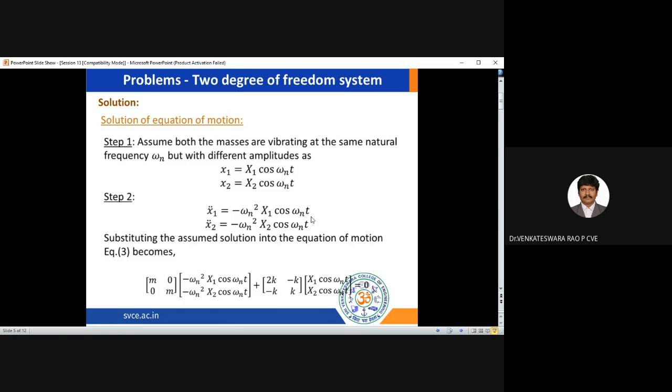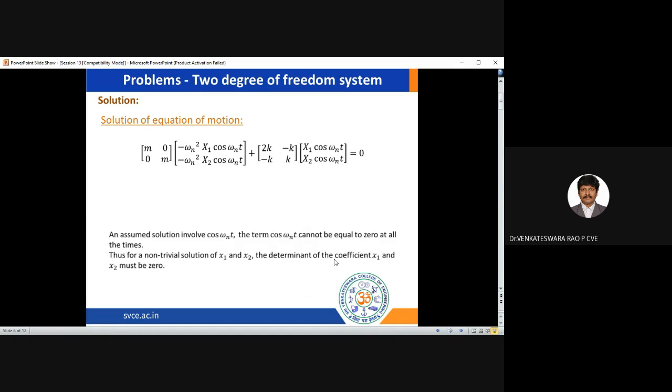So I'm replacing with this minus omega n square x1 cos omega nt minus omega n square x2 cos omega nt, plus the stiffness matrix into the displacement x1, x2, which is x1 cos omega nt and x2 cos omega nt. Now if you simplify this, rearranging the above equation, in both the terms I have x1 cos omega nt as a common factor for the mass matrix multiplication and the stiffness matrix multiplication.